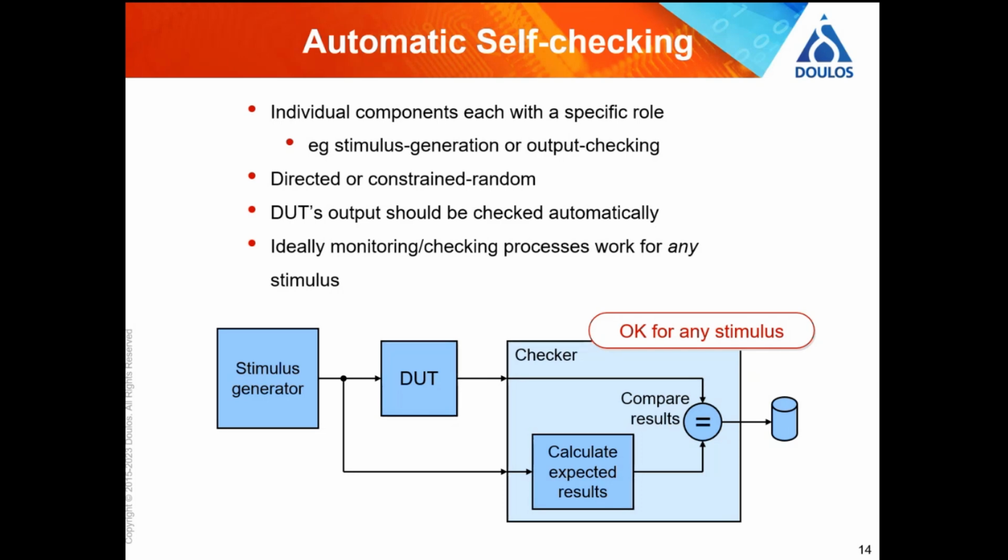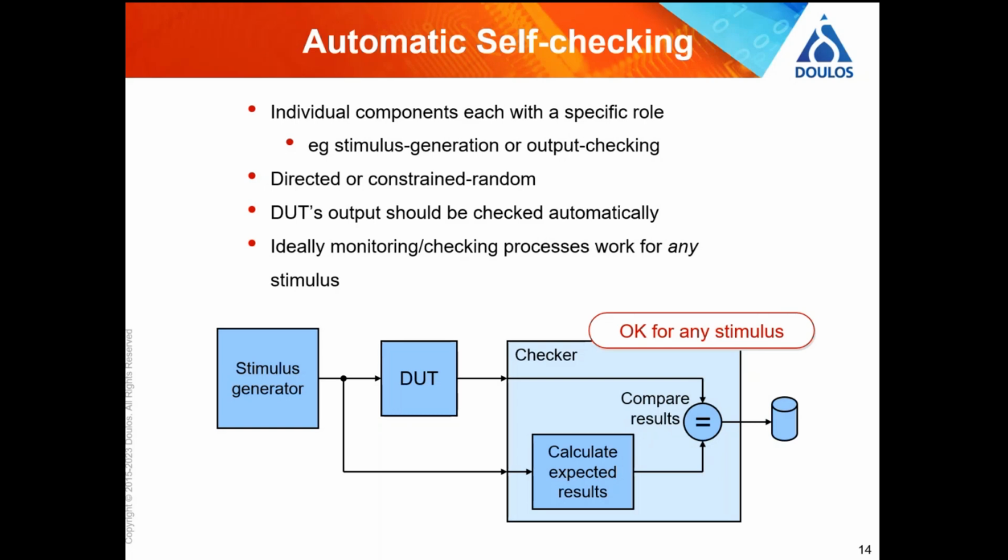This diagram is showing a way that's easy to visualize, not necessarily easy to implement, but easy to visualize how to do your checking, where you have some kind of way of calculating expected results, which could be like a high-level reference model of your design. And you might not have one of those, but you might.